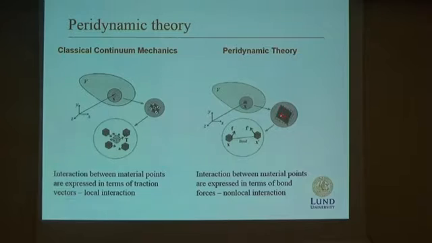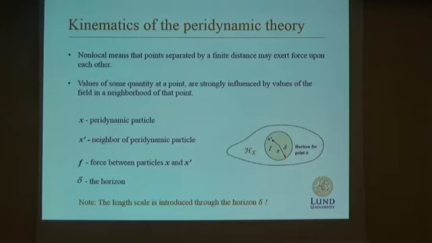If we have one material point here, then this point is allowed to interact with a neighborhood of material points, not only the nearest neighbors as we're used to in classical continuum mechanics, but a whole region of material points that can interact with each other. And this is represented by this schematic.